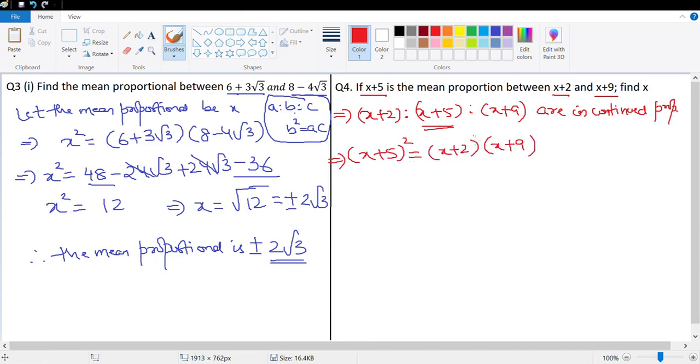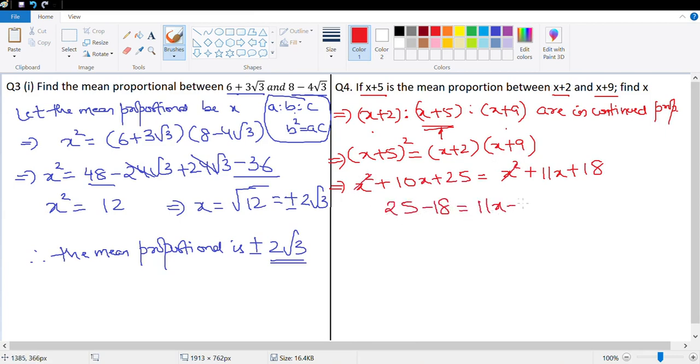Let's open the bracket. So that will be x square plus 10x plus 25 is equal to x square plus 9x plus 2x, that's 11x plus 18. x square and x square gets cancelled. That's 25 minus 18 is equal to 11x minus 10x, which means x is equal to 7. So we've got the value x is equal to 7.